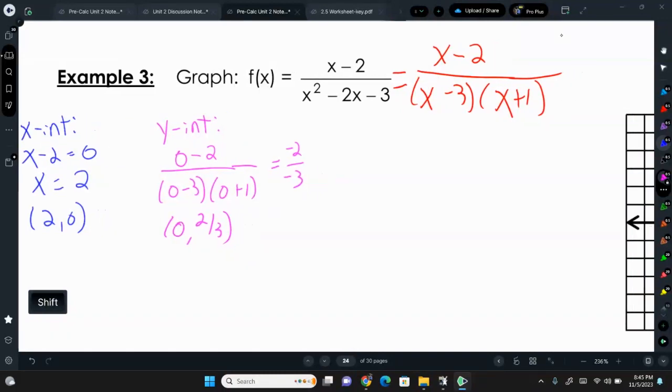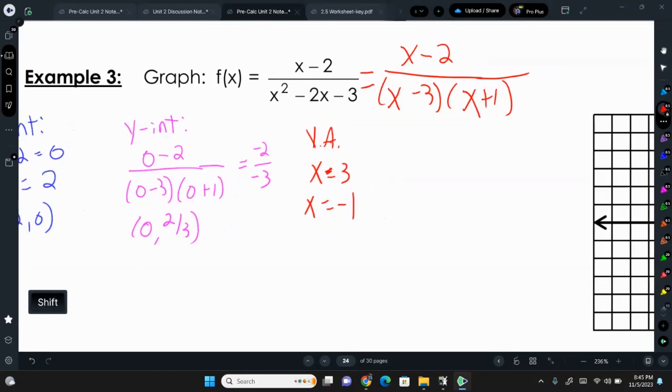Horizontal asymptotes. Sorry, vertical. We'll do that first. Vertical asymptotes. Set the denominator equal to 0, so our two zeros will be x equals 3 and x equals negative 1. So having two vertical asymptotes means we're going to have to do the vertical behavior for both of them.